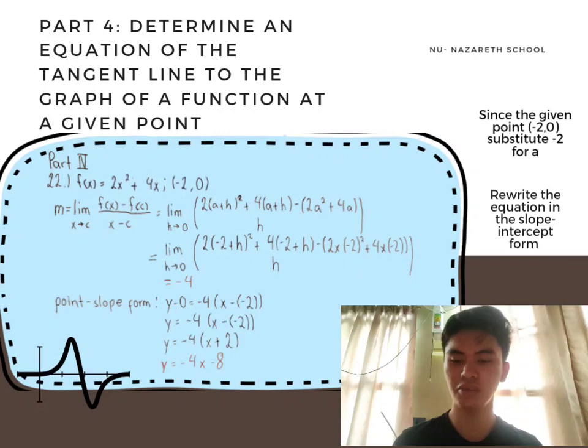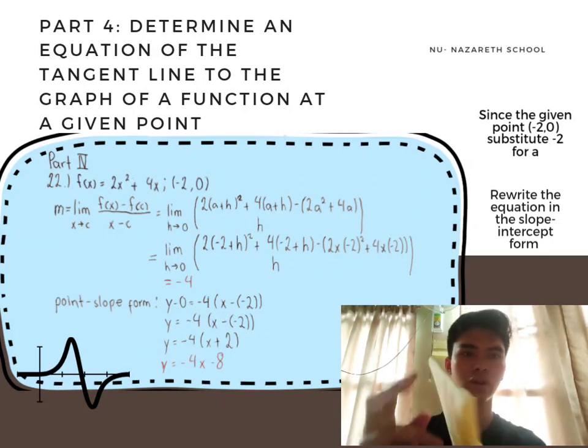Like limit of h approaches 0, open parenthesis, 2, open parenthesis, negative 2 plus h, close parenthesis squared plus 4, open parenthesis, negative 2 plus h, close parenthesis, minus, open parenthesis, 2x, open parenthesis, negative 2, close parenthesis squared, plus 4x, open parenthesis, negative 2, close parenthesis. So I got the answer, negative 4.